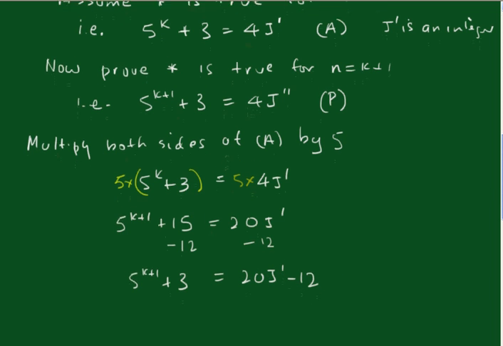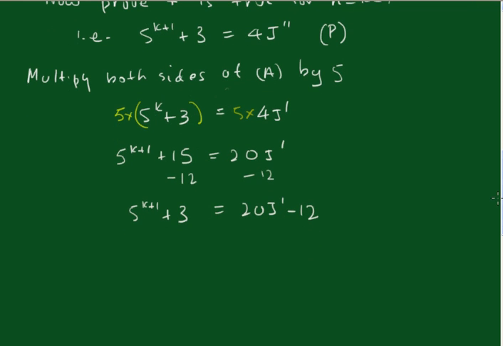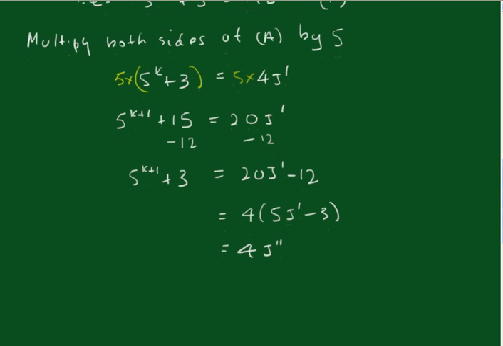So the left-hand side is fine. So now we'll take out a common factor of 4 here. And we get 4 outside of 5j dash minus 3. But if j dash is an integer, then 5 times an integer is another integer, taken away another integer, it will be another integer. So this is just j double dash. Therefore, which equals the right-hand side of p.